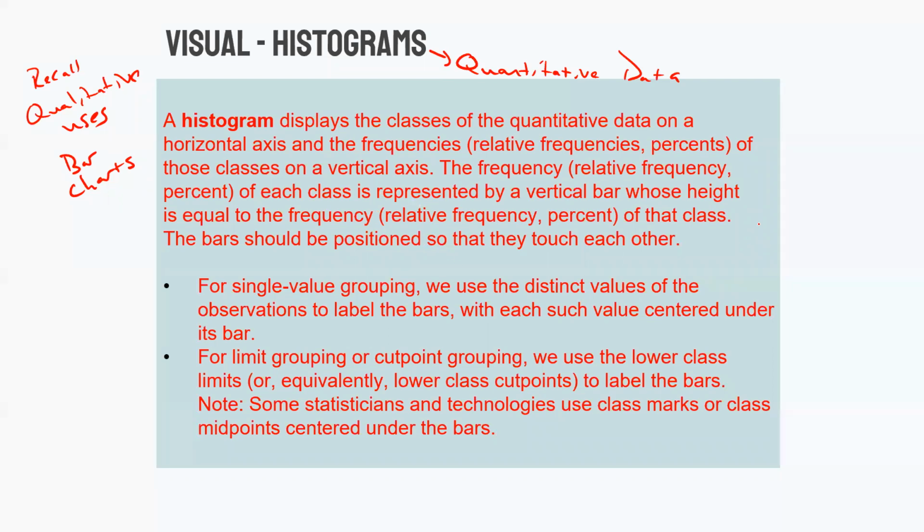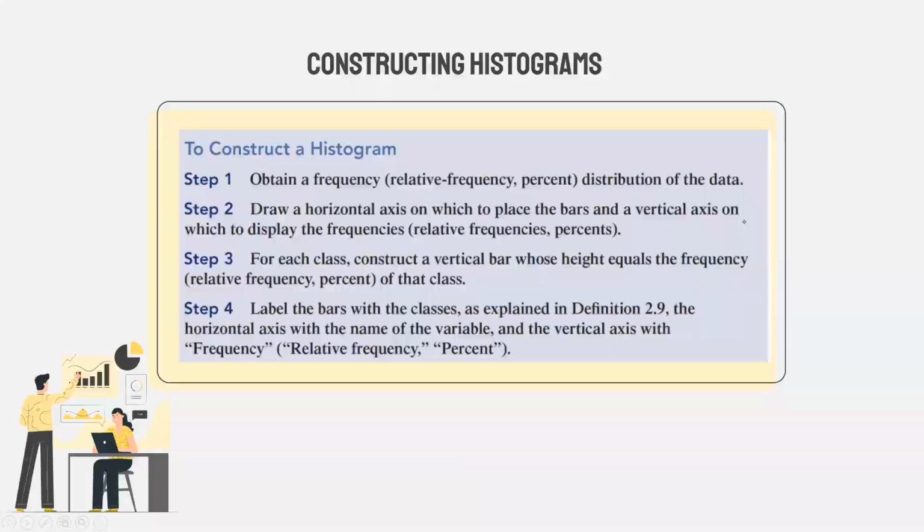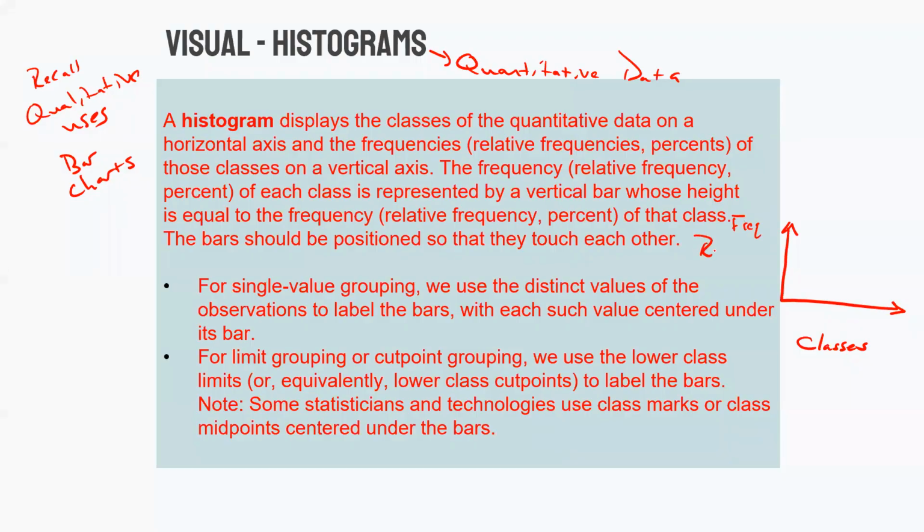Okay. So for a histogram, you're going to set up the first quadrant of your Cartesian plane, and you get your classes along the horizontal axis, and you get your frequencies, or your relative frequency, excuse me, along the vertical axis.